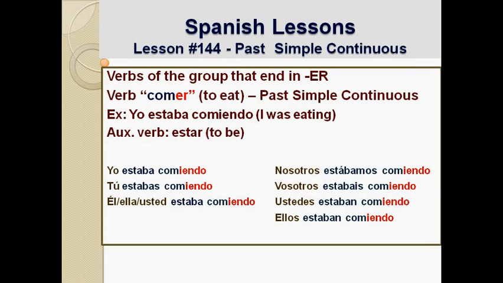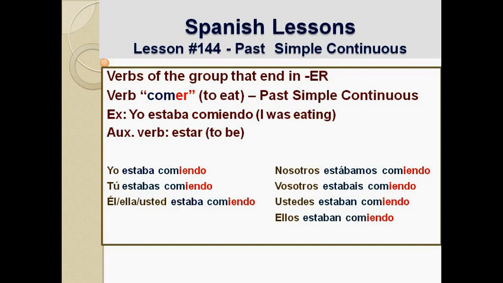So this rule can be applied for regular verbs and also for irregular verbs. Why? Because in this case, since this tense uses an auxiliary verb, the verb estar, what is conjugated is the verb estar, the auxiliary verb.